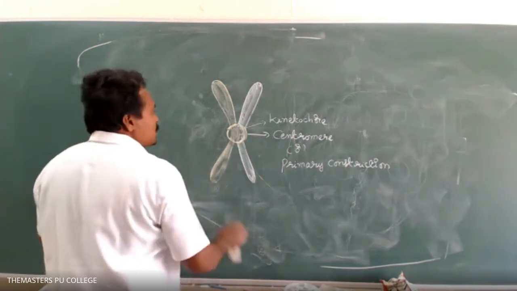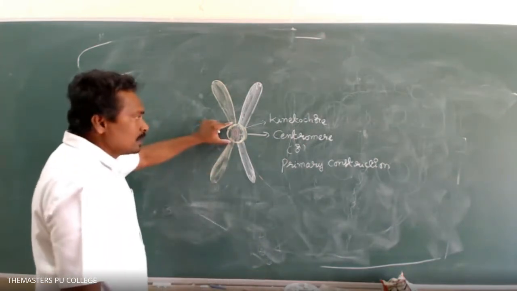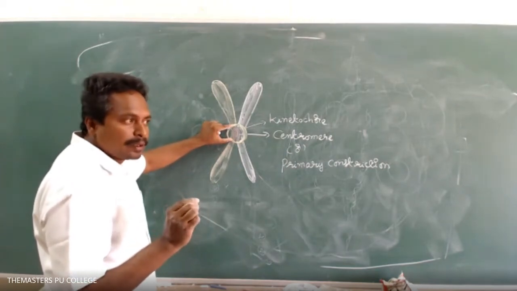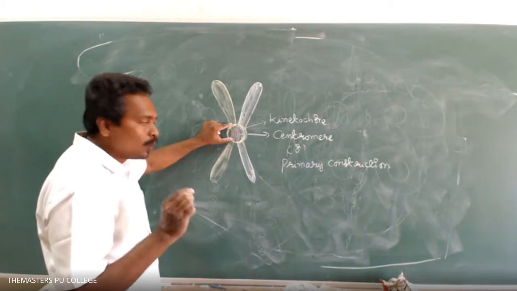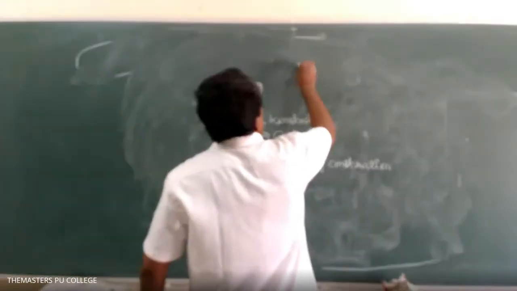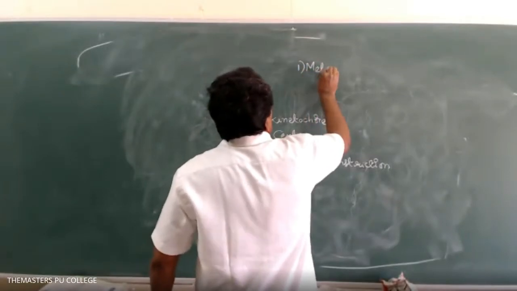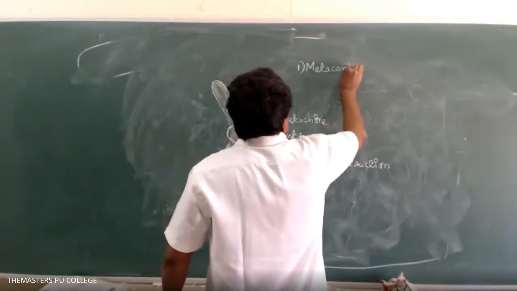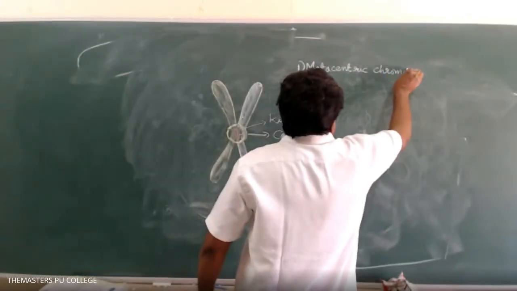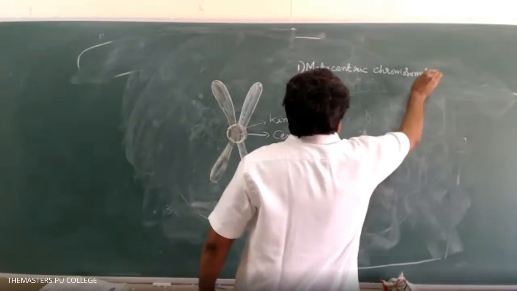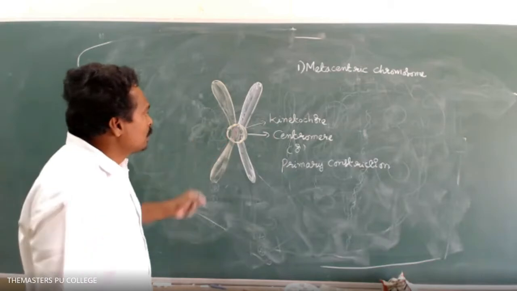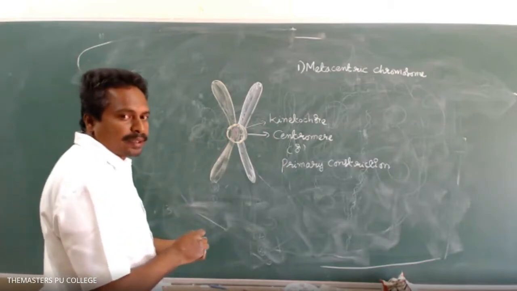Based on the position of centromere, the chromosomes are differentiated into 4 types. What are they? One is metacentric chromosome. Sir, based on what, sir? Based on the position of the centromere.